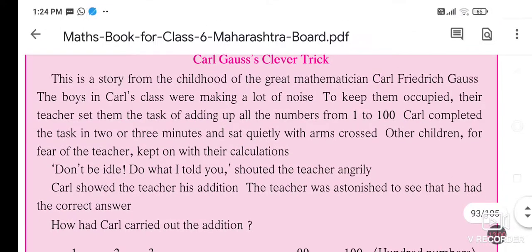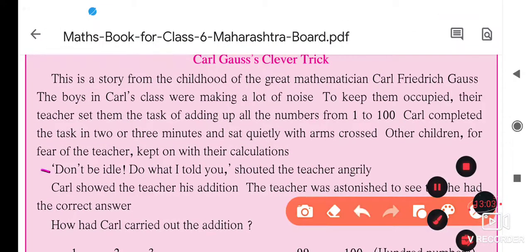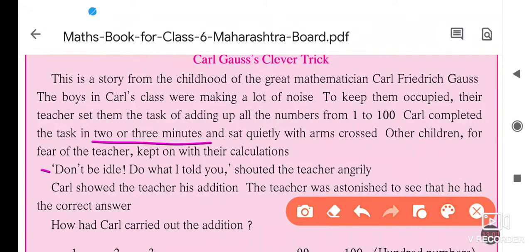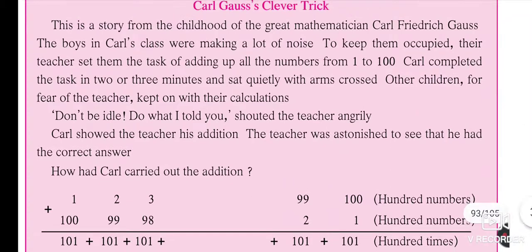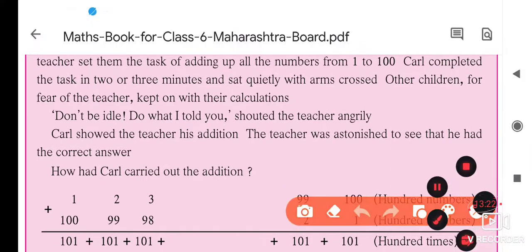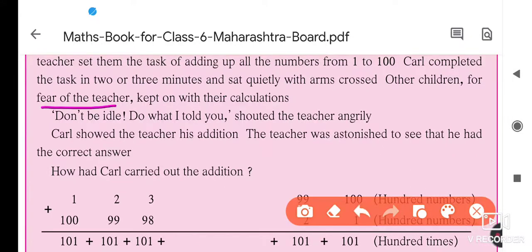Understand? So what happens here? Carl completed this task in 2 to 3 minutes. But what were the other students doing? 1 plus 2 is 3, then 3 plus 3 is 6, then 6 plus 4. In this way they were adding all the numbers. But Carl completed his work within 2 to 3 minutes. How had he done it?